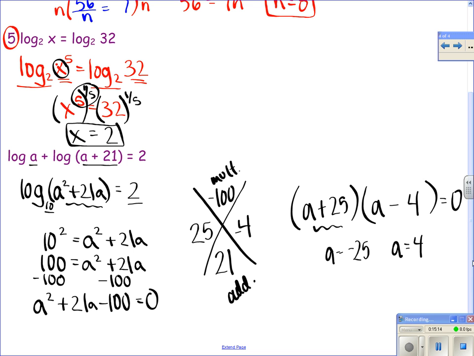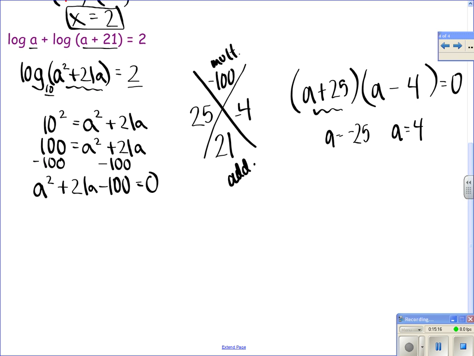Okay, so let's look at the original here. We've got log of negative 25 plus log of negative 4 equals 2.